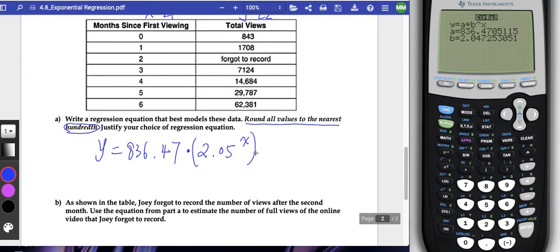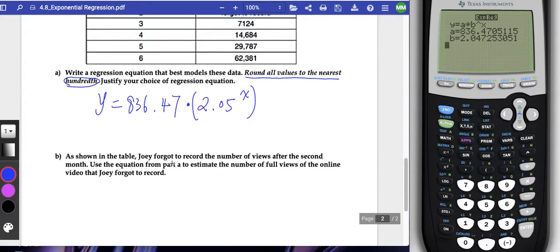Since now I have this equation, I can do some prediction for the future, like after 10 months, how many views there will be, or I can even go back to track. For the second month, what number is actually the views? Let's show the table.